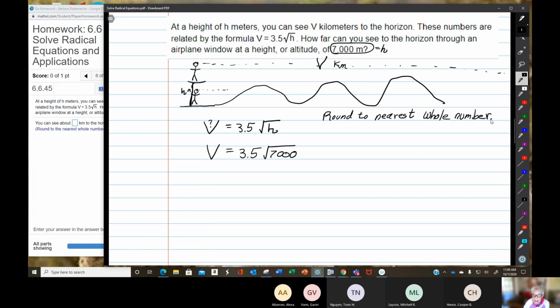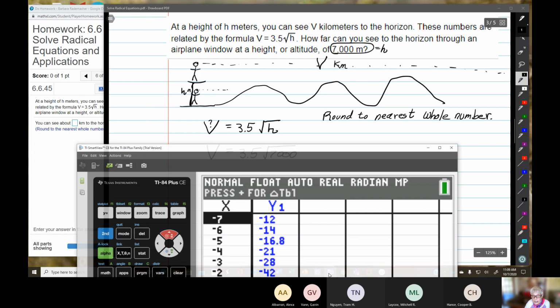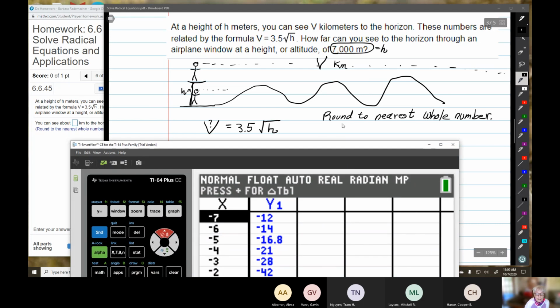Okay, we'll do that. That means I have to pull out my calculator. That is code for pull out your calculator. Decimals would be allowed if they didn't just want the whole number.